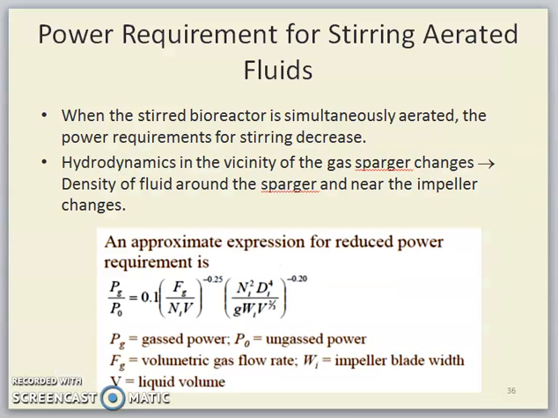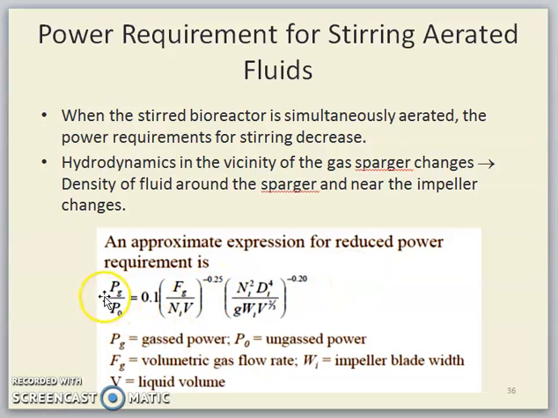Power requirement for stirring aerated fluids. When the stirred bioreactor is simultaneously aerated, the power requirement for stirring is decreased. So hydrodynamics in the vicinity of the gas sparger change, and the density of the fluid around the sparger and near the impeller will also change. So the equation here, okay, is an approximate expression of reduced power requirement.